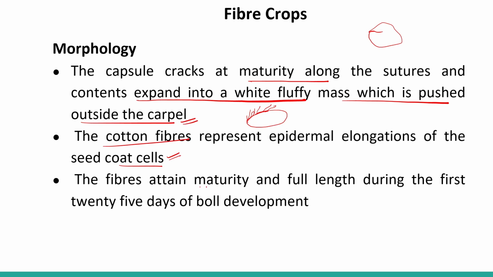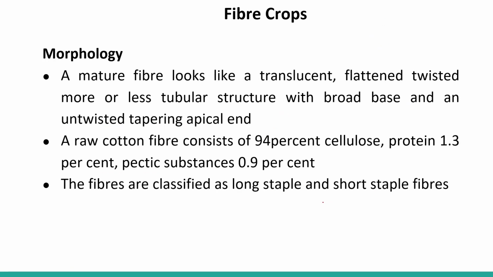The fibers attain full length during the first 25 days of the boll development. A mature fiber looks like a translucent, flattened, twisted, more or less tubular structure with a broad base and an untwisted tapering apical end.